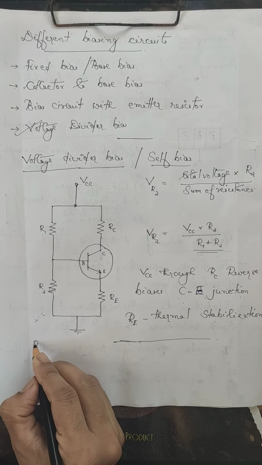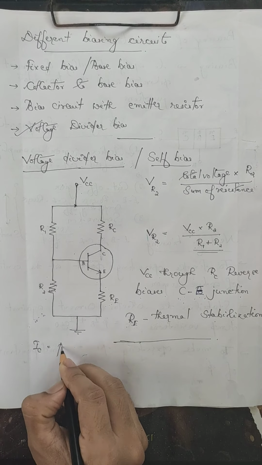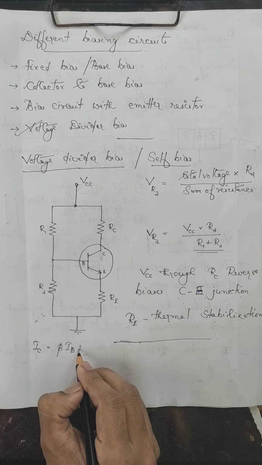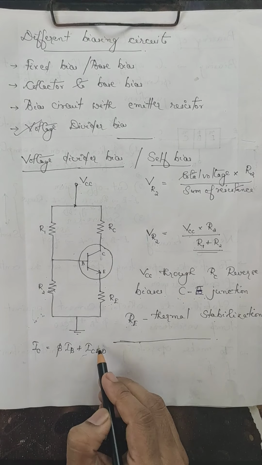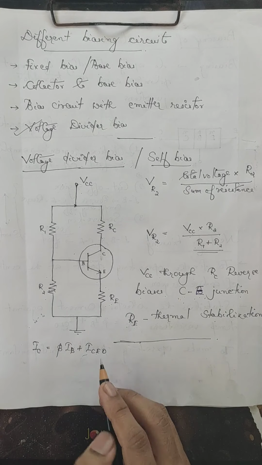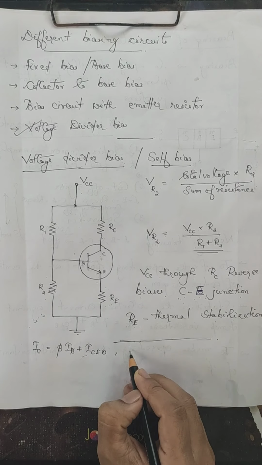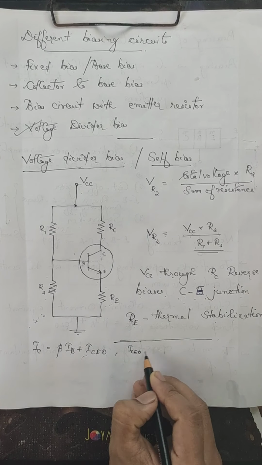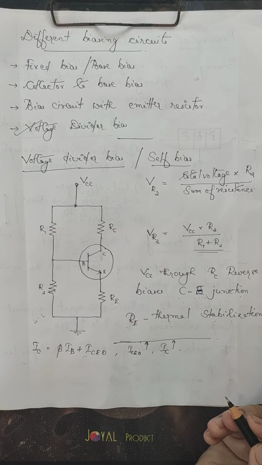I have already written the equation for IC as beta IB plus ICEO. And we said that ICEO is the reverse saturation current, which increases with increase in temperature. So suppose the temperature increases, then ICEO will increase, and as a result IC will increase.